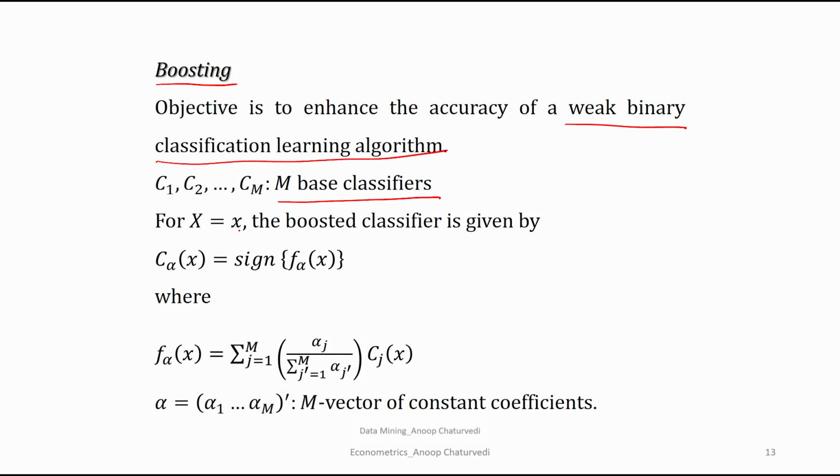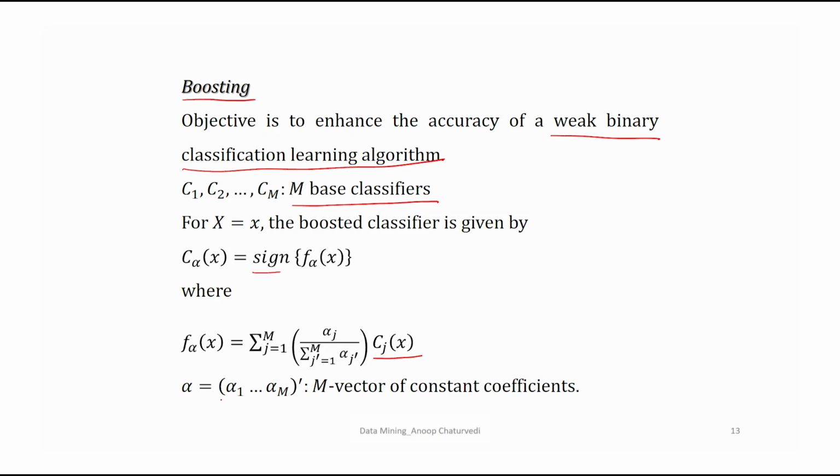Then for x equal to small x, the boosted classifier is given by C alpha x equal to sign of f alpha x, where we define f alpha x equal to summation j equal to 1 to m alpha j upon summation j dash equal to 1 to m alpha j dash into c j x, where alpha equal to alpha 1, alpha 2, up to alpha m transpose is an m vector of constant coefficients.